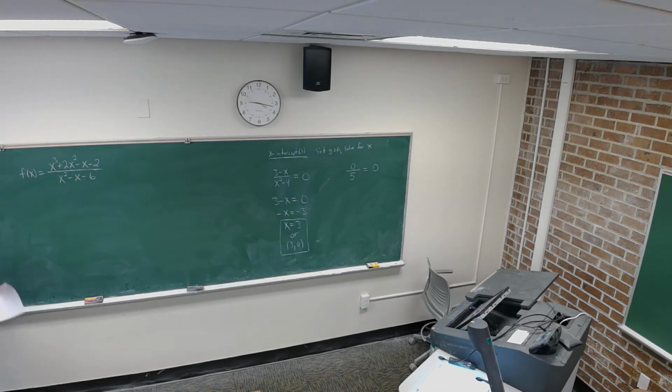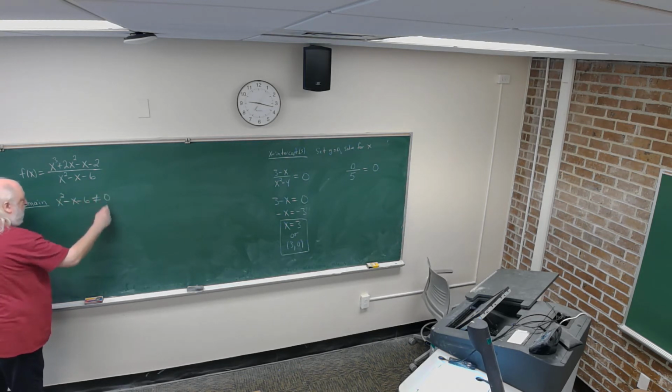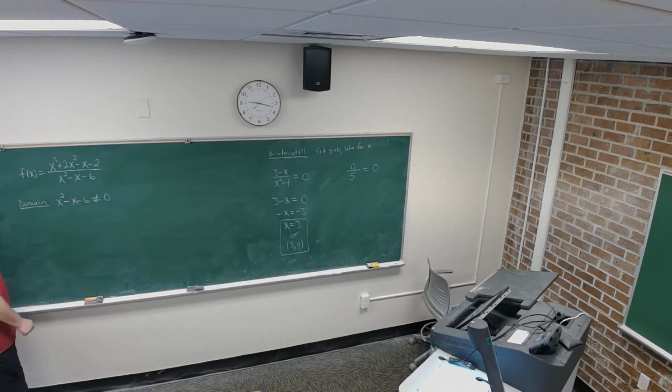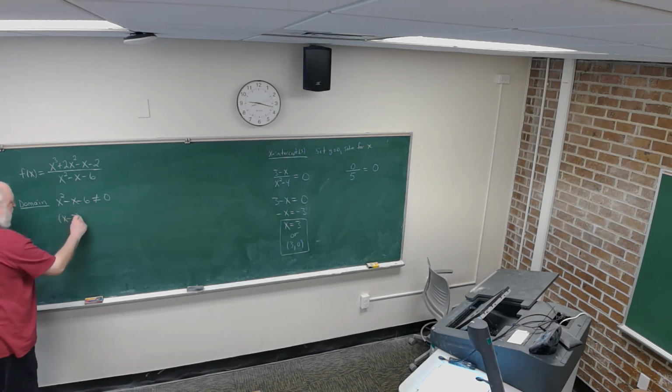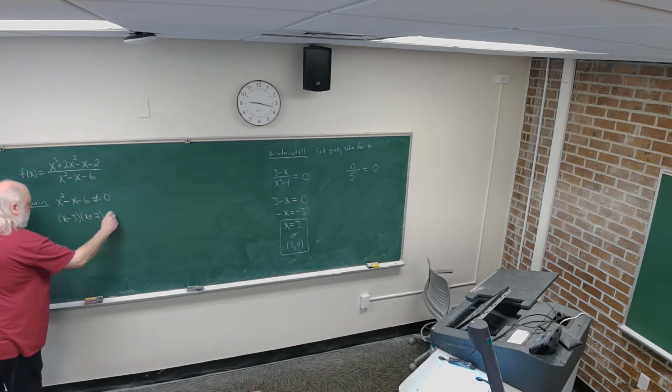All right. So the domain is all real numbers, except for those values of x that make the denominator equal to 0. So in inequality notation, we have the denominator cannot equal 0, and the denominator factors into x minus 3 times x plus 2.